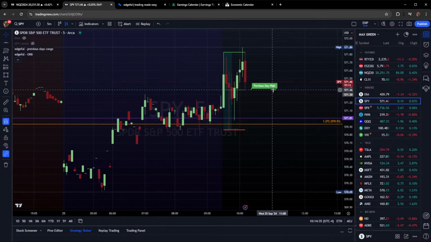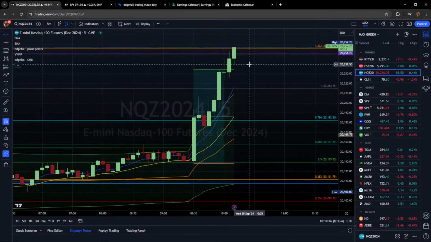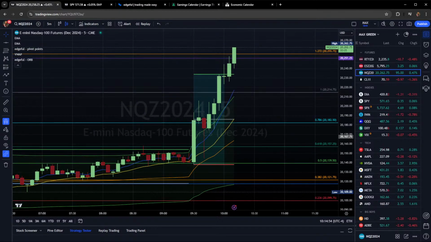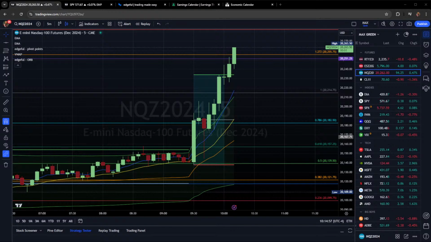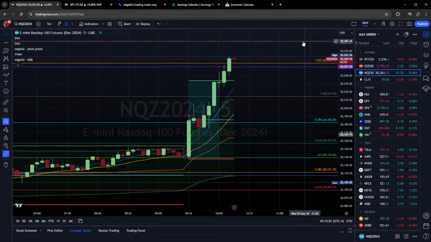SPY needs to lose this. I'm not a big fan of this short right here. We need the 5 minute to close under here. Yeah, it's pushing through. So it probably pushes up here.